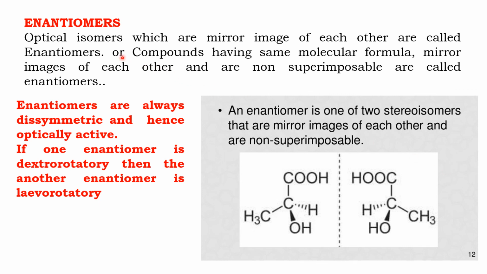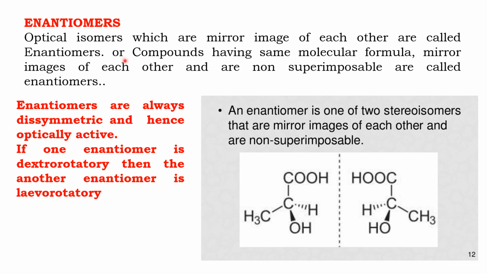They are related as object to mirror image. As I told you earlier, there are two different molecules or two different optical isomers and they are related as object to mirror image.